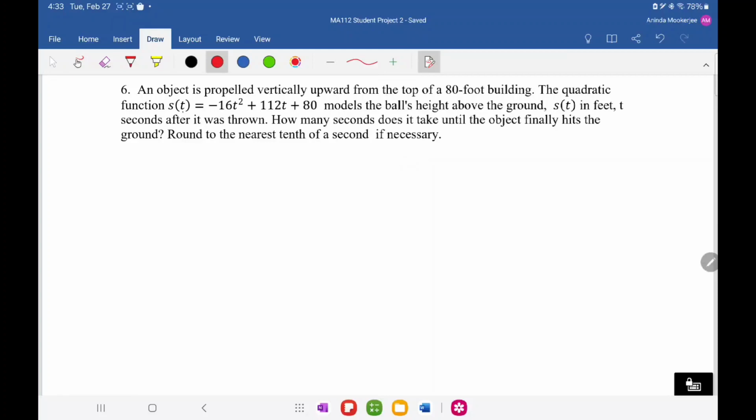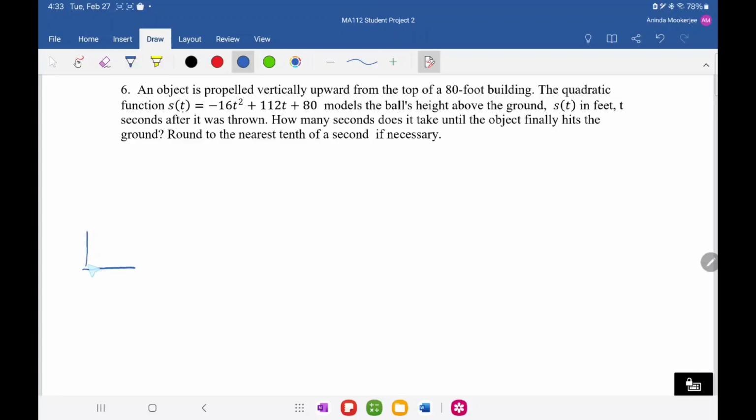Okay, so let's just read the first sentence and try to understand what it is about. It says here, an object is propelled vertically upward from the top of a 80-foot building. So what I'm going to do is draw a rough sketch.